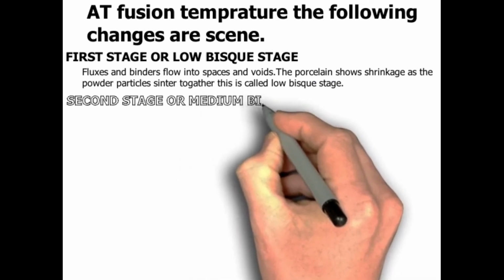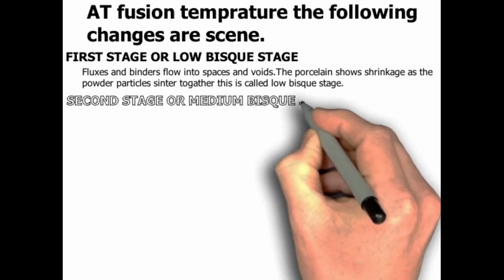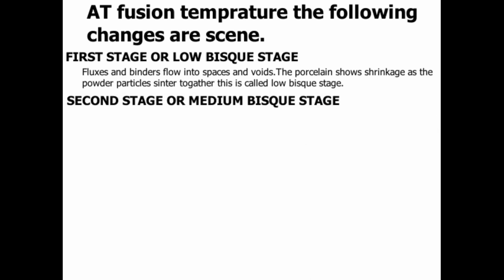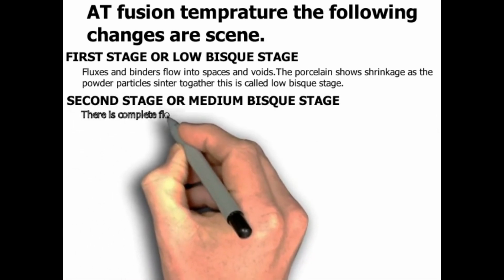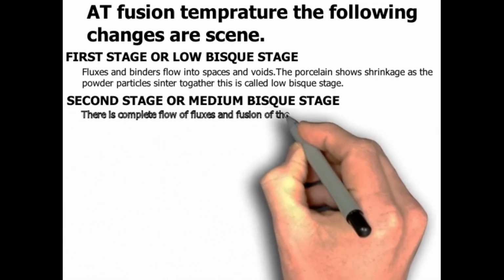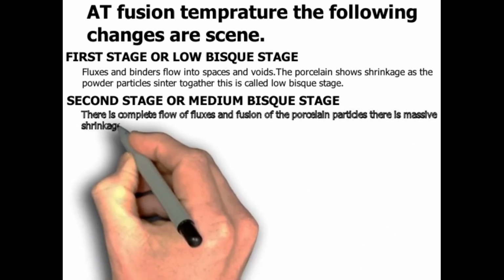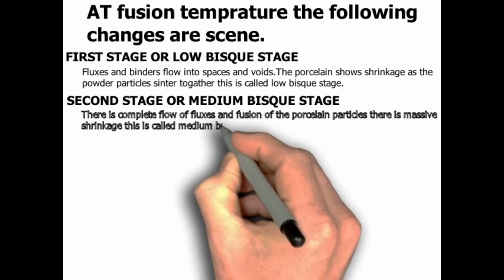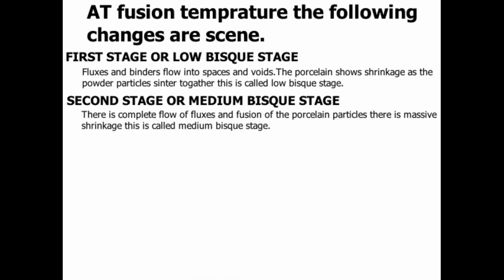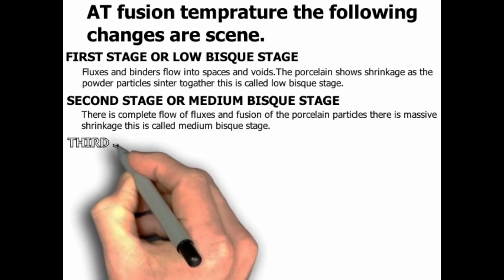Second stage or medium biscuit stage. There is complete flow of fluxes and fusion of the porcelain particles. There is massive shrinkage. This is called medium biscuit stage.